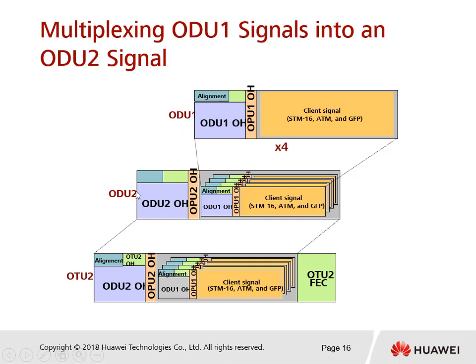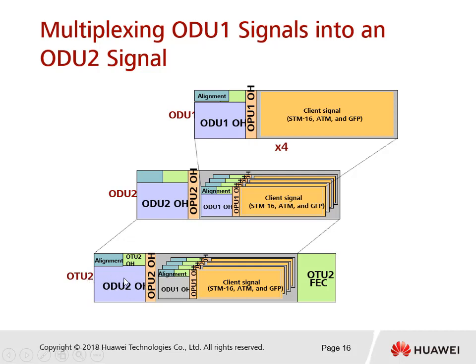But we know the ODU2 rate is 4 times of the ODU1. So in the OTN multiplexing, we don't change the frame size for the ODUk signals, but we change the frame speed.